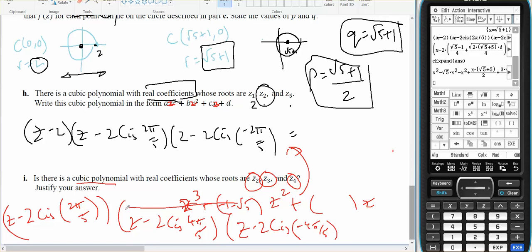Well, these two multiplied would give you real coefficients, but this one here doesn't have a complex conjugate, so therefore no, it isn't, because you need complex conjugates, and since we only have 3, I have complex conjugates on 2 of the roots but not the third one. So therefore the coefficients cannot be real.